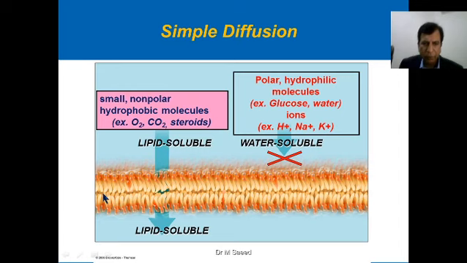So only hydrophobic molecules can pass through this barrier, like small non-polar hydrophobic molecules like steroids, CO2, O2 can pass directly into the cell, while this membrane will not allow polar, which means water soluble, hydrophilic molecules, for example glucose, water, and ions. They need specific channels to move into the cell so that this barrier is bypassed.